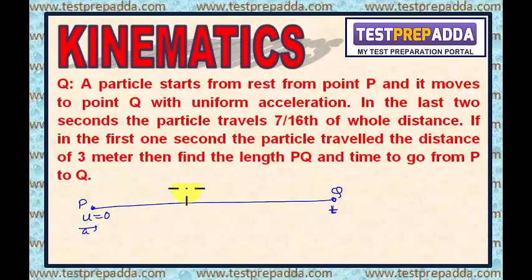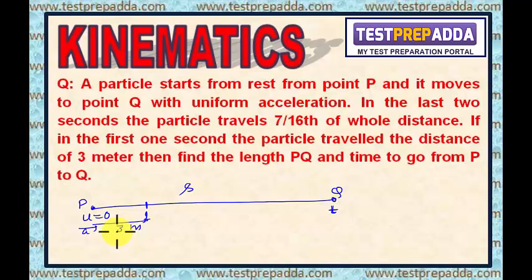Okay, and let the displacement or distance covered is s. Question says in the first 1 second, let us say this as 1 second, the distance traveled is 3 meter.